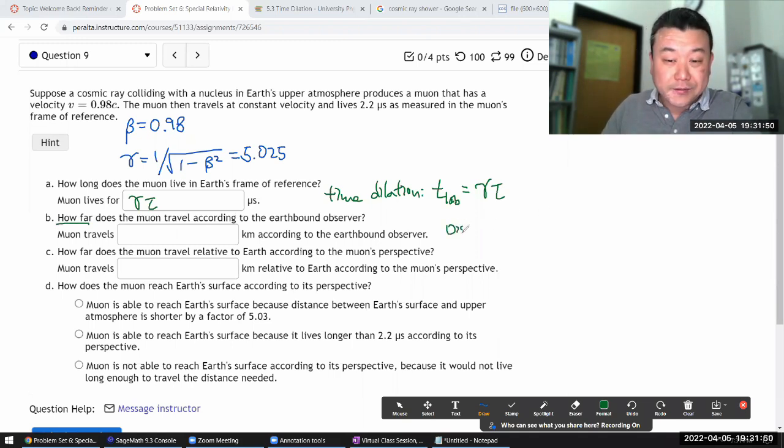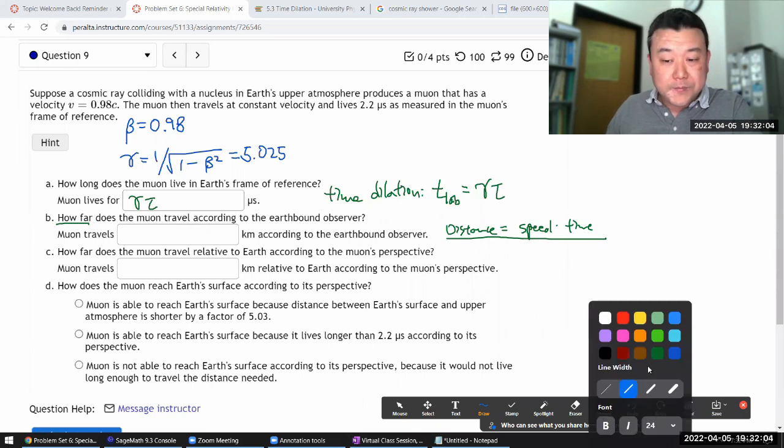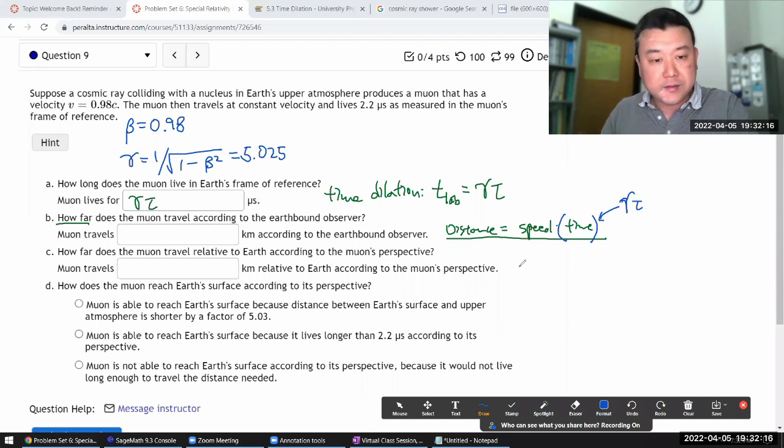Distance traveled is speed times time. It's just kinematics, so it's as valid as it was before. The only thing that's a little more exotic in the context of special relativity is that this time, instead of being the proper lifetime tau, it'll be gamma tau, the time dilated lifetime.